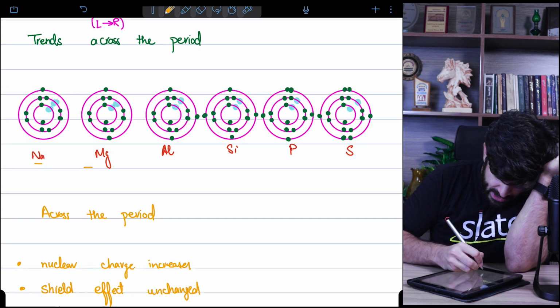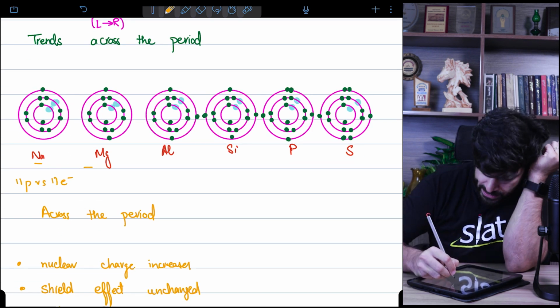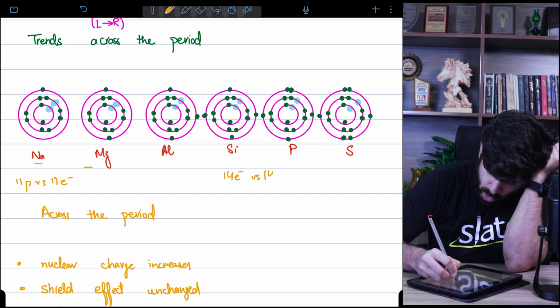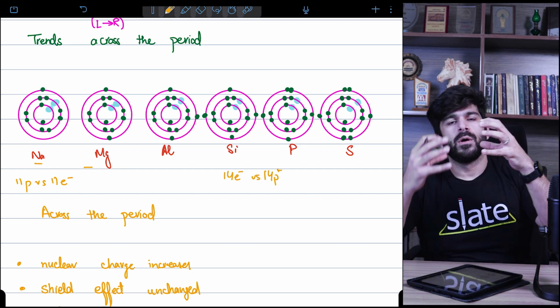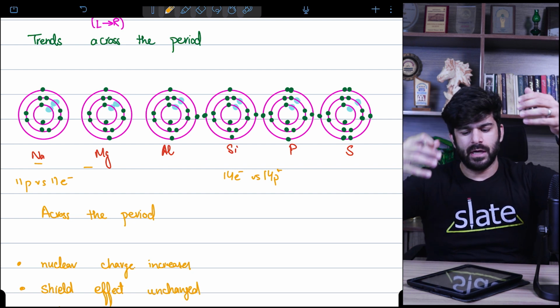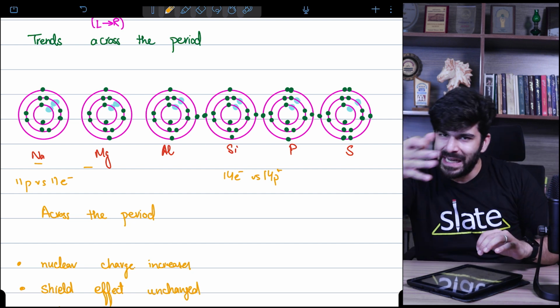Here we have 11 protons versus 11 electrons, and here we have 14 electrons versus 14 protons. More attraction, more tightly towards each other, and that makes it a little smaller. So atomic radius decreases.